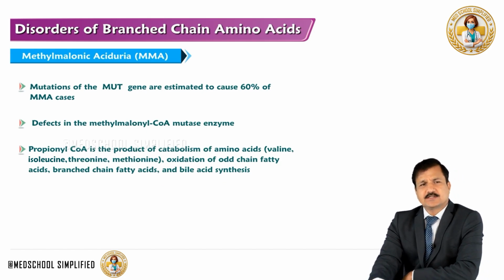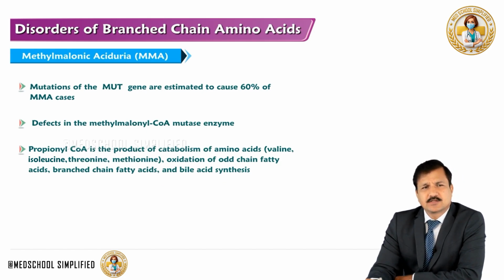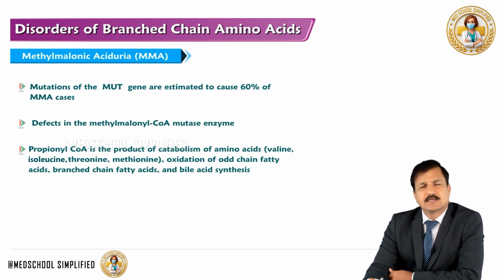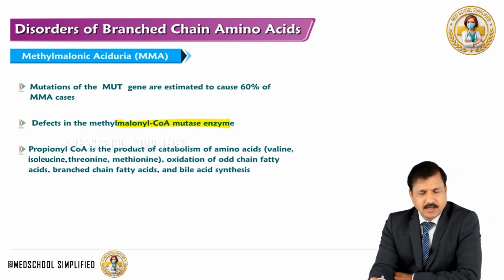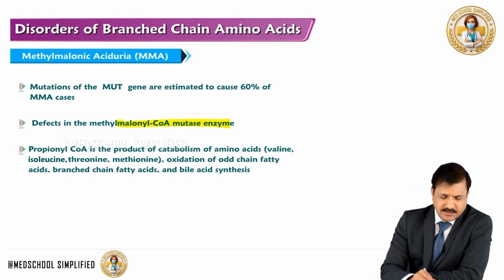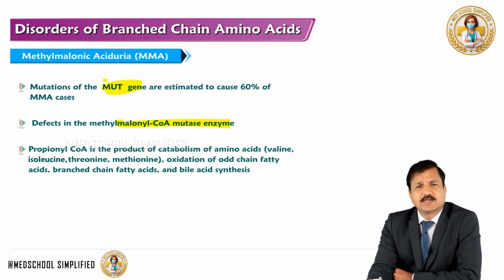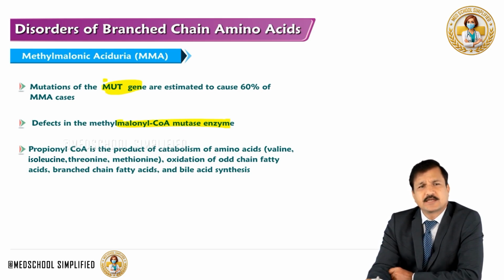Another disease that is associated with branched chain amino acid metabolism involves the conversion of propionyl-CoA to methylmalonyl-CoA, and methylmalonyl-CoA conversion into succinyl-CoA. In that order, there is an enzyme called methylmalonyl-CoA mutase, and a defect or mutation in a gene, that is the MUT gene, causes around 60% of methylmalonic aciduria.